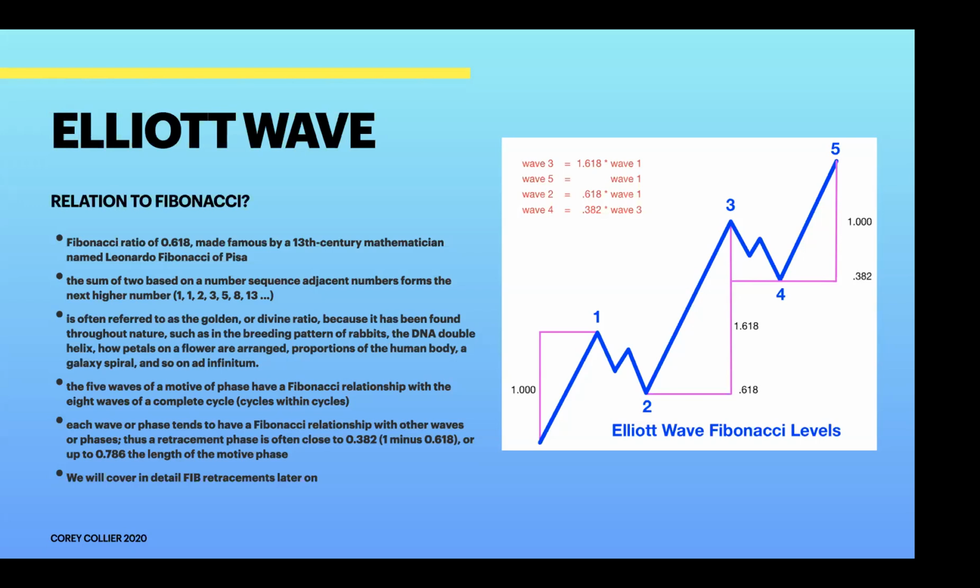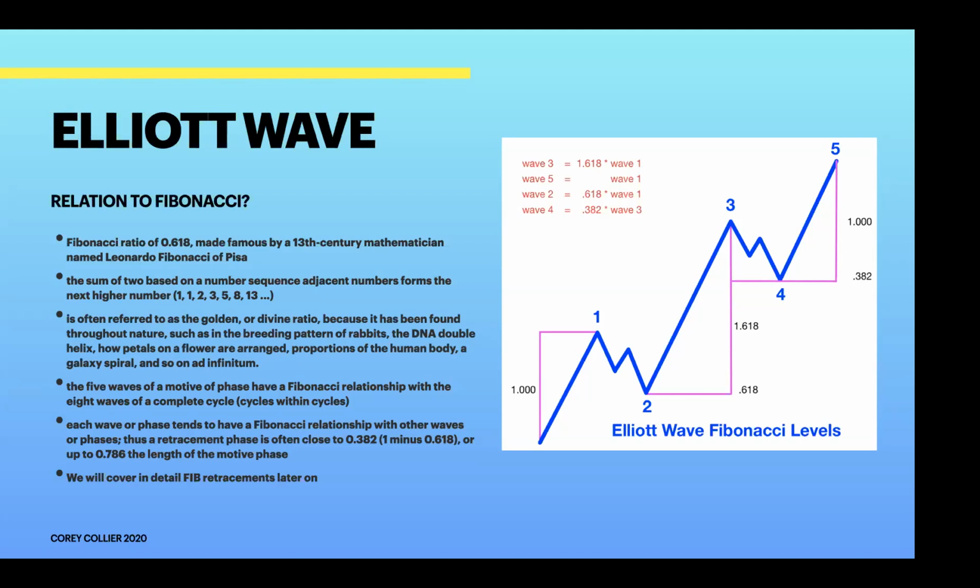That's what Fibonacci is. The 618 or the 0.618, guys, is often referred to as the golden ratio or the divine ratio because it has been found throughout nature, such as the breeding patterns of rabbits, our DNA double helix, how petals form on a flower, proportions of the human body, or in a galaxy spiral, and so forth, basically, right? Now, the 5 waves of a motive phase have a Fibonacci relationship with the 8 waves of the complete cycle.